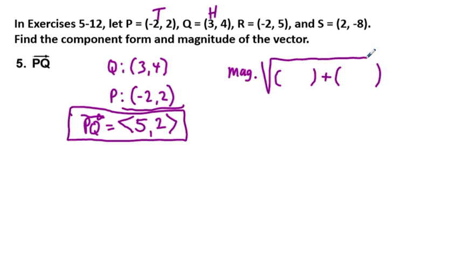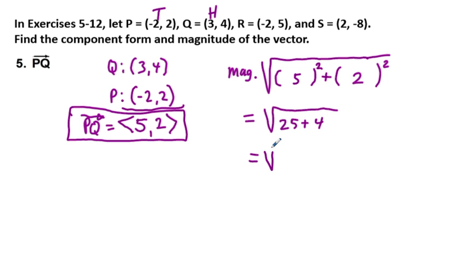quantity x2 minus x1 squared plus quantity y2 minus y1 squared. We've already figured this out here, that x2 minus x1 is 5, so we have 5 squared here, and y2 minus y1 is 2, so we get square root of 5 squared, which is 25, plus 2 squared, which is 4, so this is going to be equal to the magnitude square root of 29.